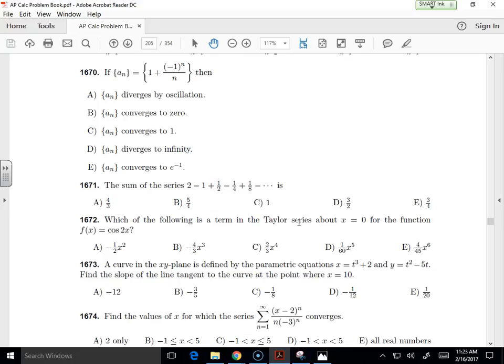Cube root of 8 is 2. 2t minus 5 over 3t squared at 2: 4 minus 5 is negative 1, over 4 times 3, which is 12. Negative 1 over 12.